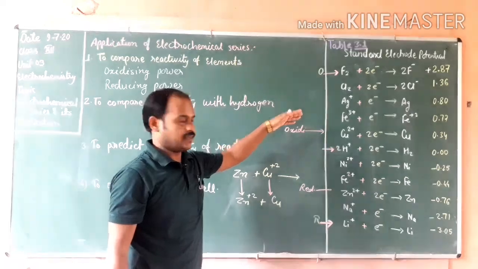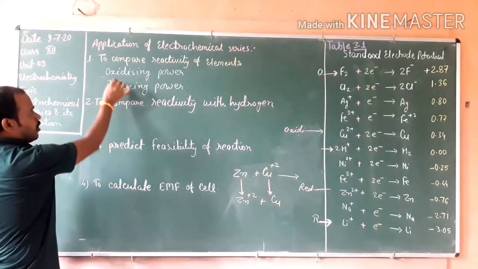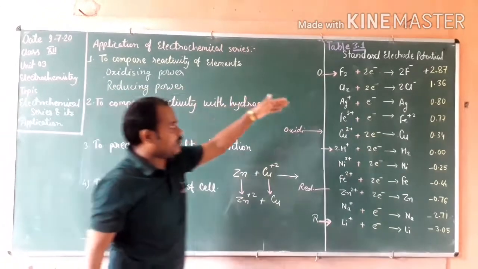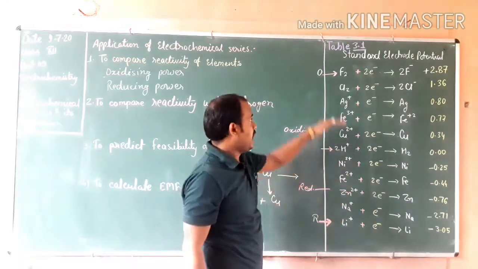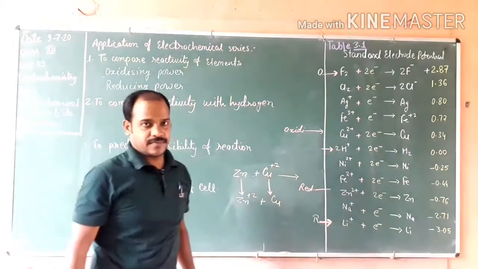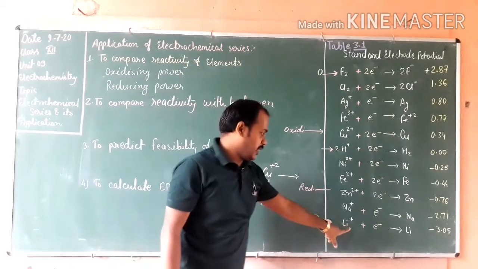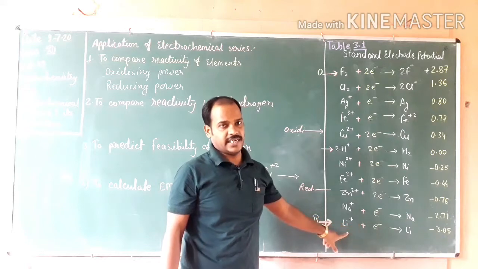Upper is oxidizing, lower is reducing. So from this point we can conclude, as we move down in the series, reducing power increases. So lithium is the strongest reducing agent.